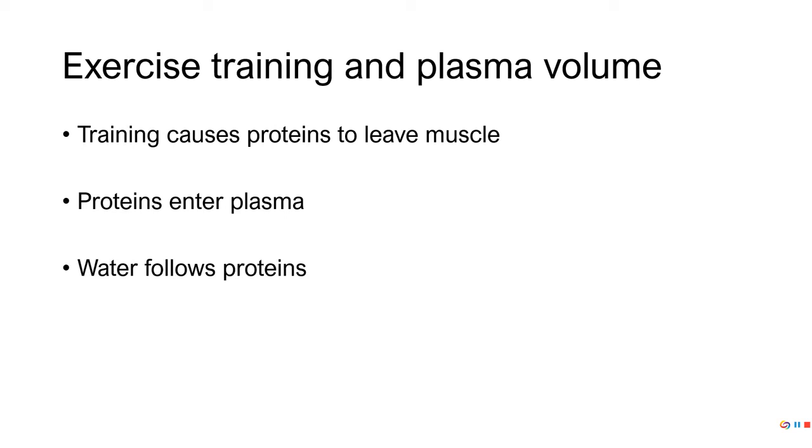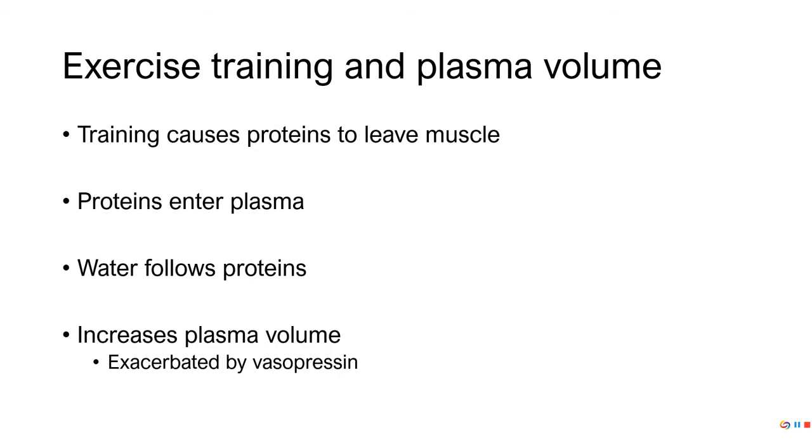What this ultimately does is increase our plasma volume. So just the act of training, of proteins leaving your cells, you're creating an environment where water wants to stay. It wants to hang out with the proteins. The fact that we release vasopressin helps increase plasma volume as well.